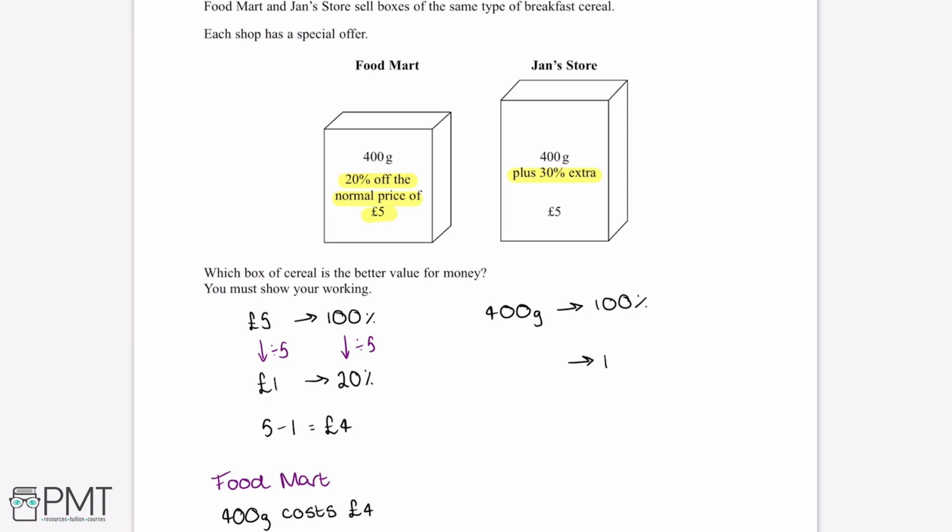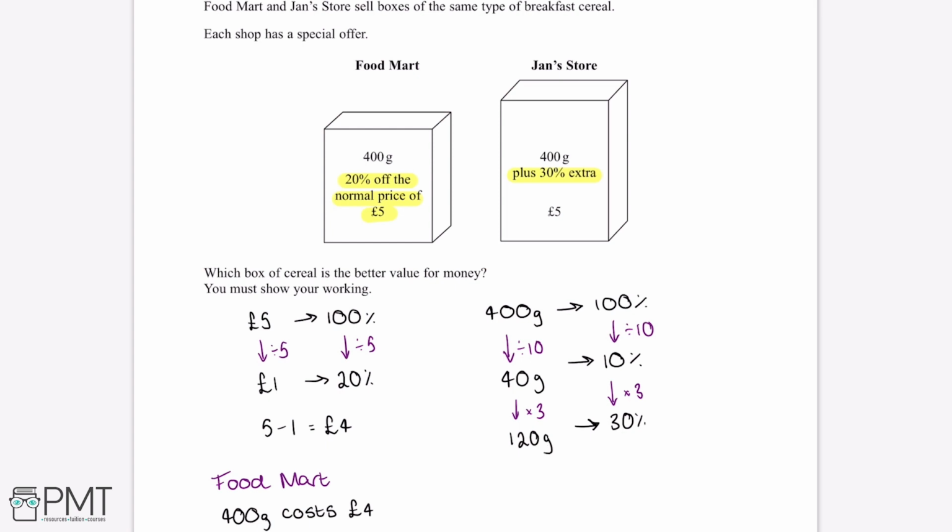So in order to get from 100 to 10, we'll divide by 10. And we can do the same for the weight. So 400 divided by 10 gives us 40 grams. And then to get from 10 to 30, we multiply by 3. So again we can do the same to the weight, which gives us 120 grams.